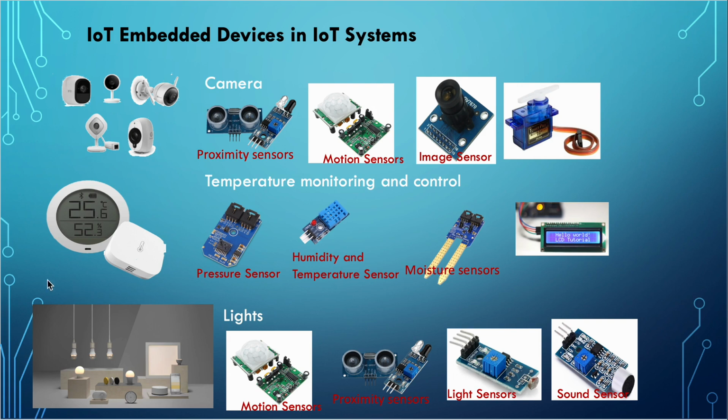Then we can come to the next example, which is temperature monitoring and control. We talked about it. We talked about how temperature monitoring systems can be connected to the internet to take data from outside the environment, or if the temperature control system is in a building or a house or in a theater, to check the temperatures outside.